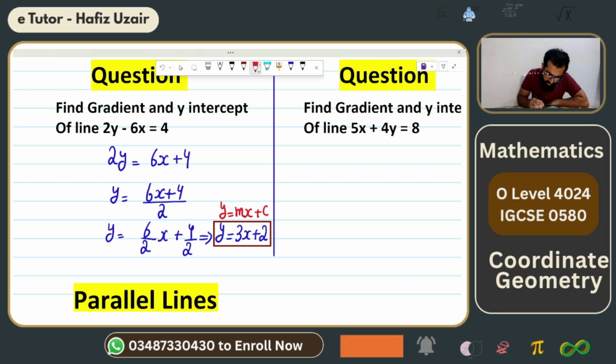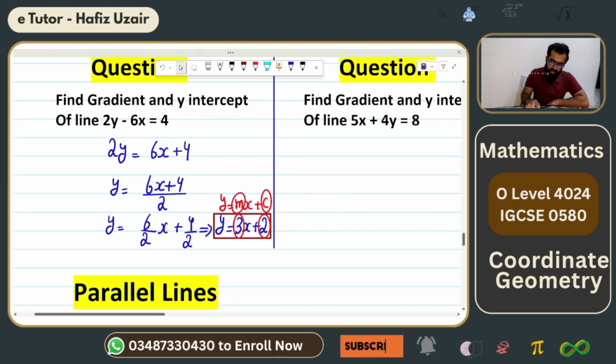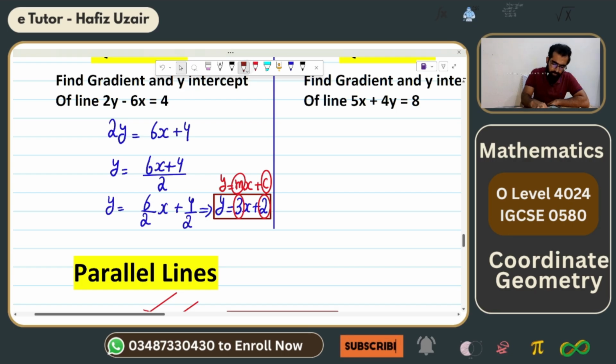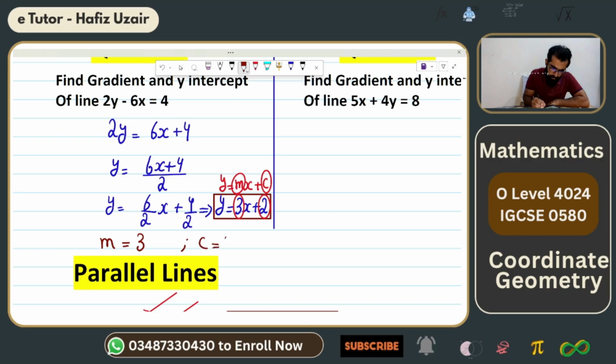So what will be the value of m? The value of m will be 3. And what is the value of c? The value of c will be 2. So you can simply write m equals 3 and c equals 2.